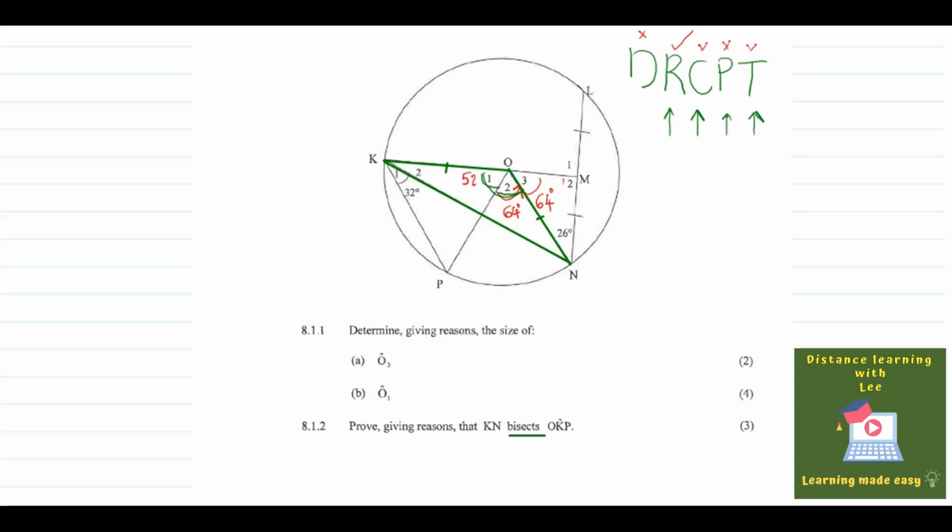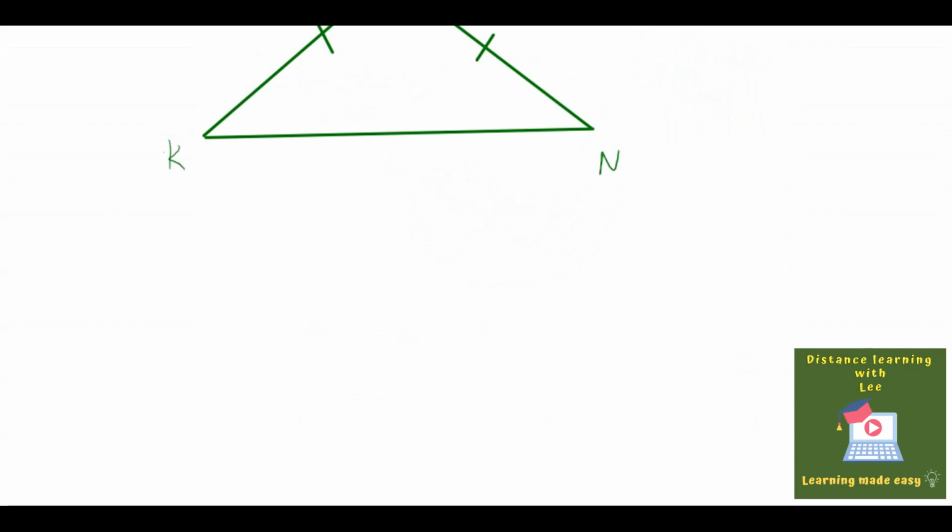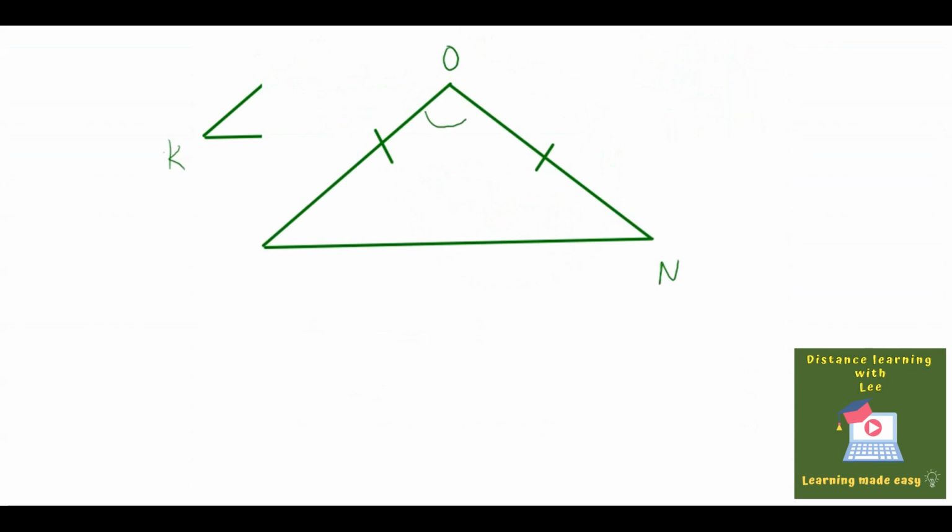The angle O1 plus the angle O2 is equal to 52 plus 64 degrees, okay? And that is equal to 116 degrees. So I'm just going to put that there, okay? So that is 116 degrees.